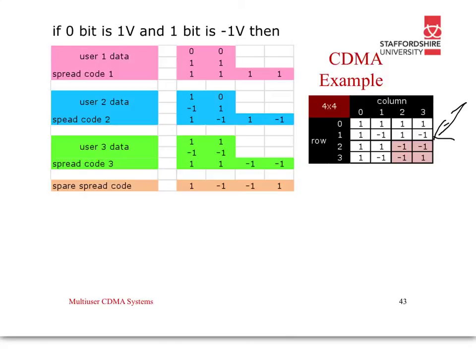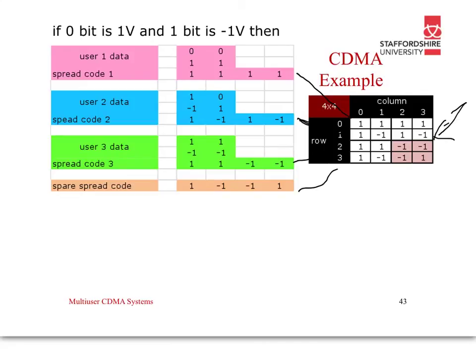I've picked the first row to represent the spreading code for user 1, the second row for user 2, and the third row for user 3, and then we have a spare spreading code because we only have 3 users in this case.